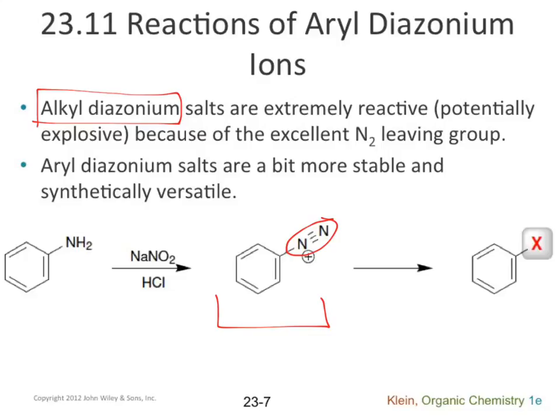If instead of it being an aromatic ring, we made that a carbon, what we're looking at is the diazomethanes. Really interesting chemistry because we now have a methane that is extremely reactive. The problem is that it is so reactive that if, while making the diazomethane, you happen to touch the glass, it tends to explode very violently.